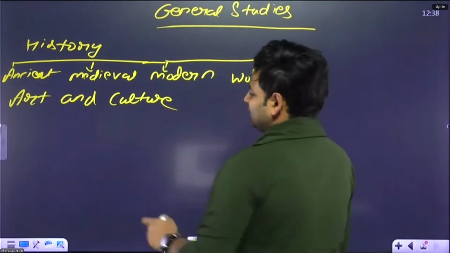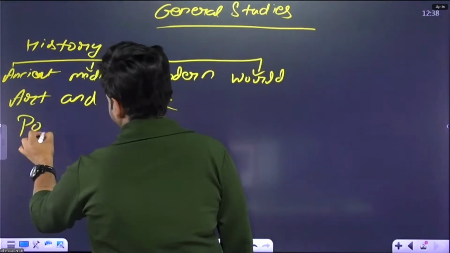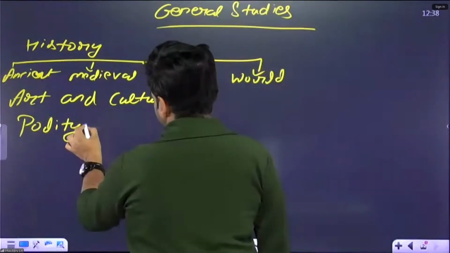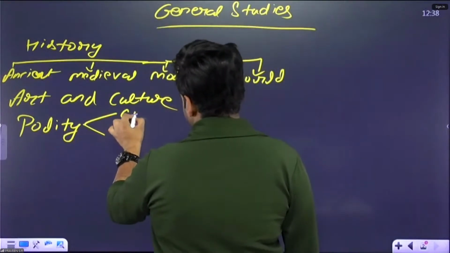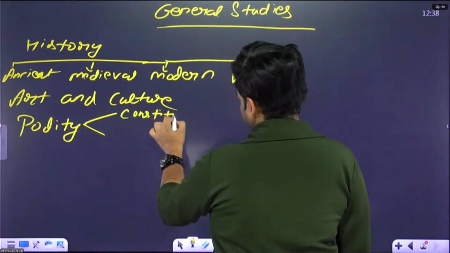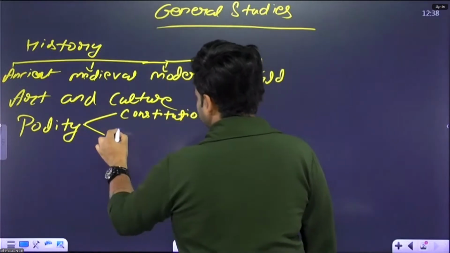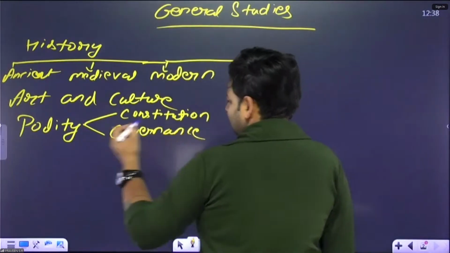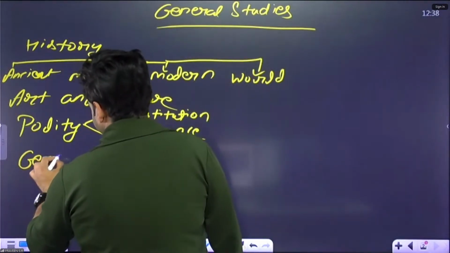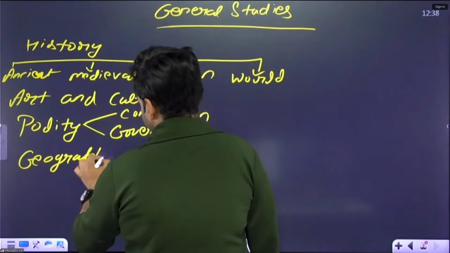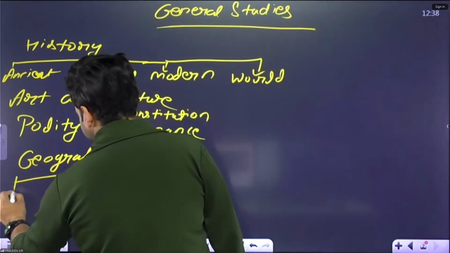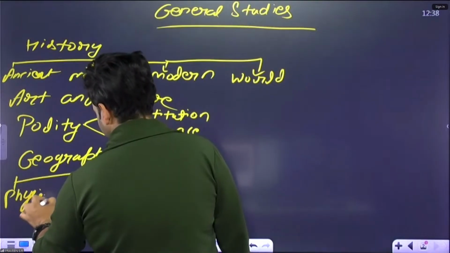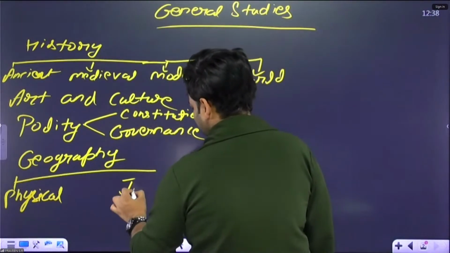Art and culture. Then I have got polity. In polity, I have to cover the constitution as well as the governance angle. Then I have got geography. In geography, I have the physical geography as well as the Indian geography.